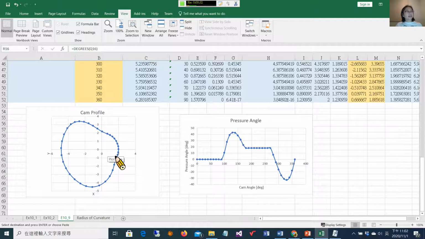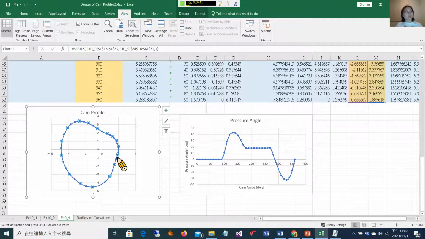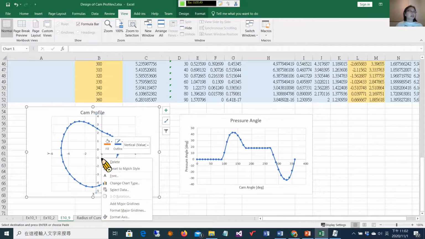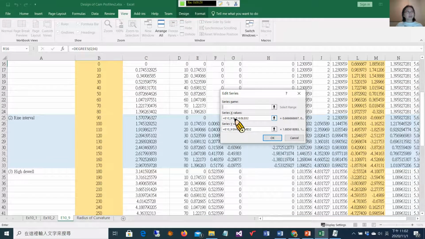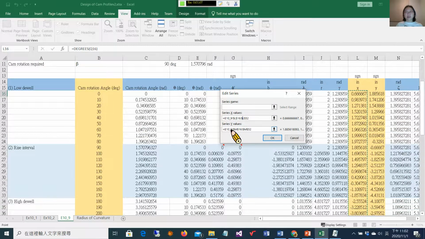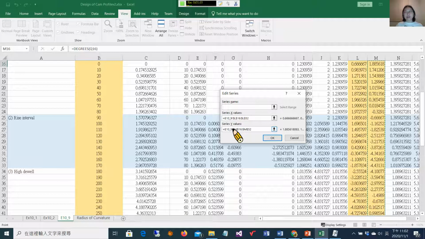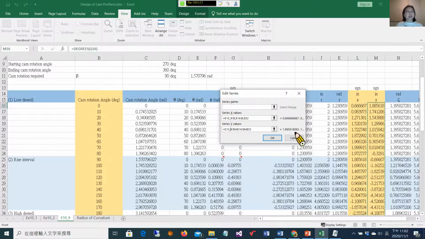We can use the Excel scatter with smooth lines and markers function to plot the diagrams for the cam profile and the pressure angle. Let's take a look at the cam profile diagram. I select the diagram and press the right mouse button. Select data and edit. The series X values are the X coordinate, and the series Y values are the Y coordinate.